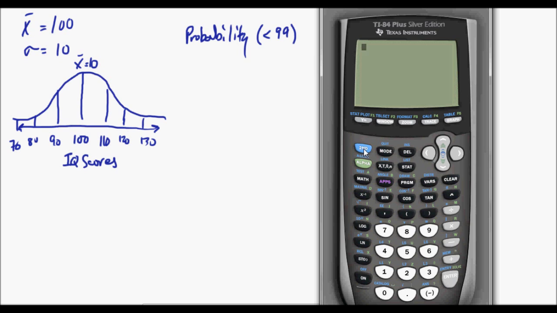I think it's because it's new and we don't focus on it a lot. So you go to second distribution and you go to normal CDF. Okay, and so we're finding the less than. Whoops, that was not what I wanted to do. Second distribution, normal CDF. I was trying to change pen colors.